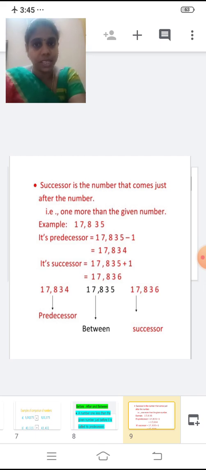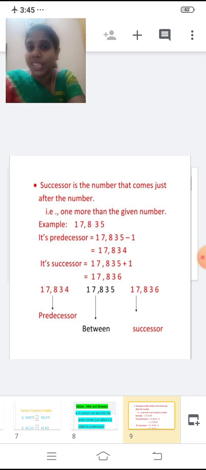I'm taking the number 17,835. Now tell me, what is the predecessor of this number? What do you mean by predecessor? One less than the given number, right? Now subtract 1 from 17,835 and tell me the answer. 17,835 minus 1.